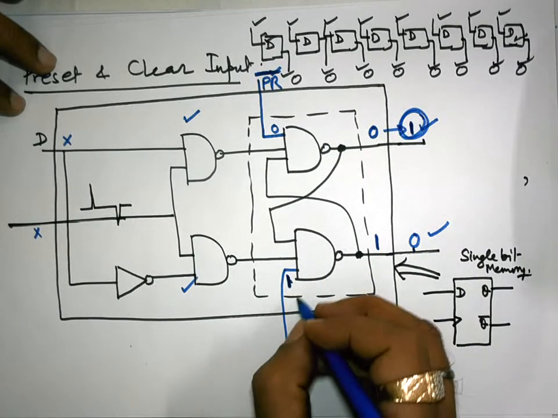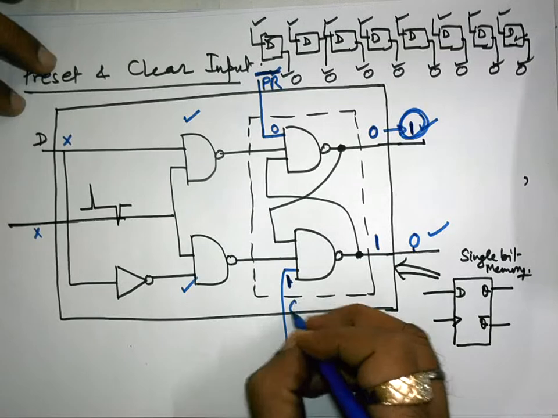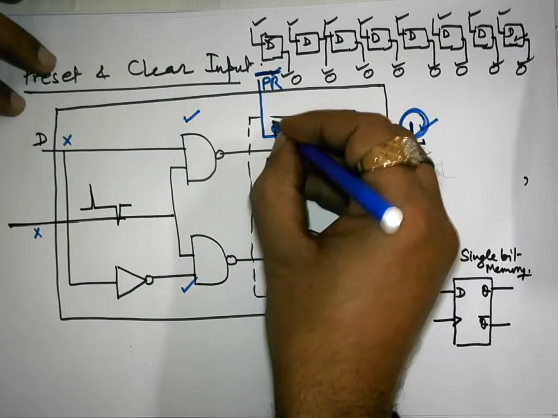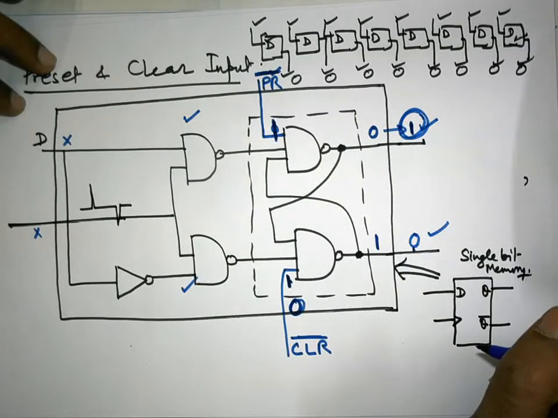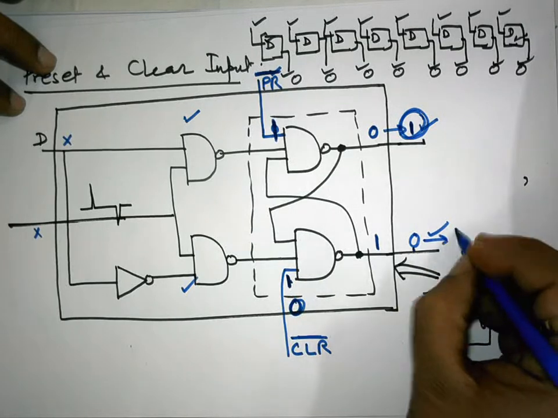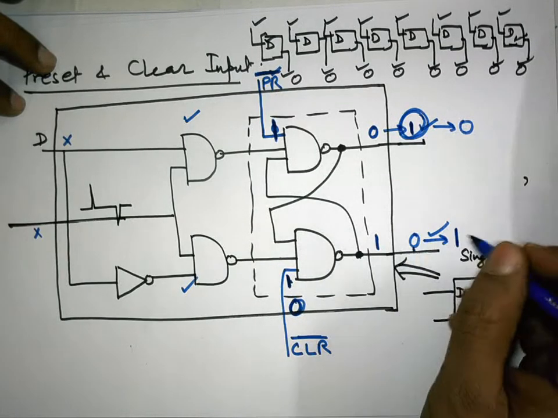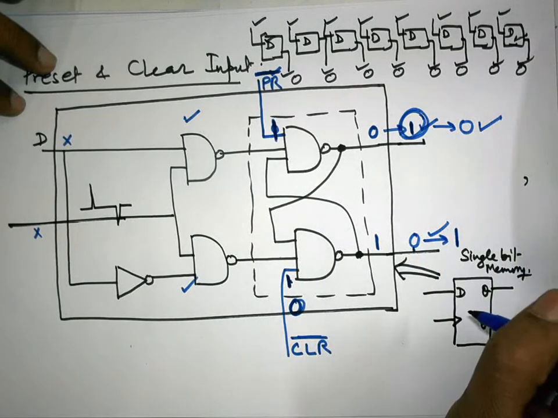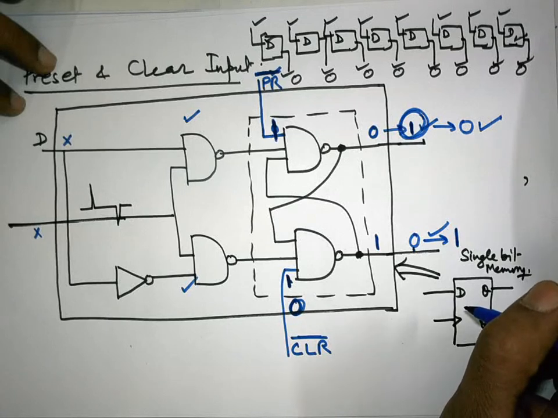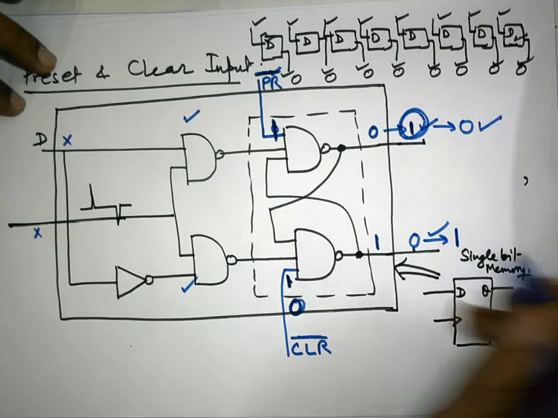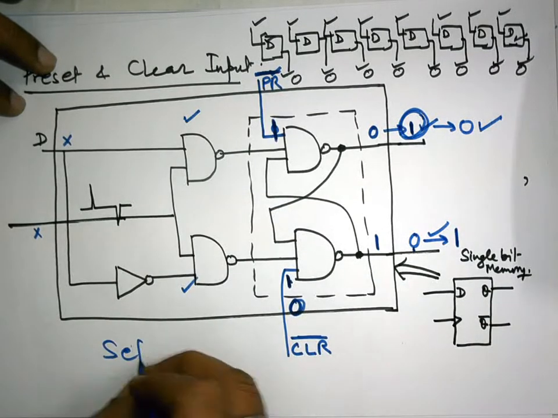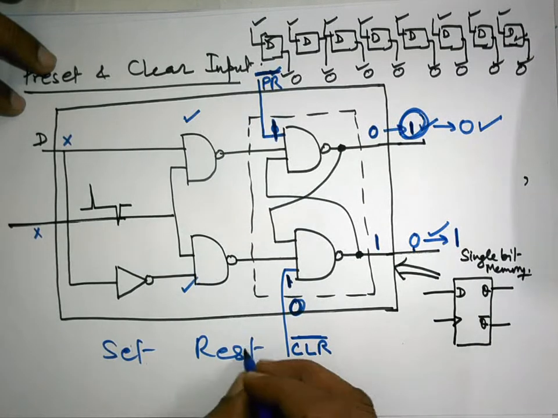And when this clear becomes 0, you see what will happen. If this clear becomes 0 and this becomes 1, in this situation what will happen? Naturally, this will become 1 and this will become 0. In this situation, this circuit clears. You take one-to-one similarity between the set reset names. Earlier it was known as set reset flip flop.